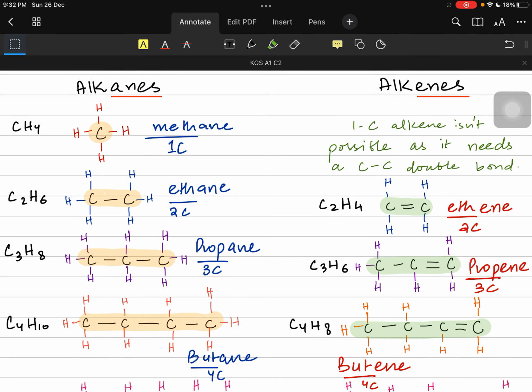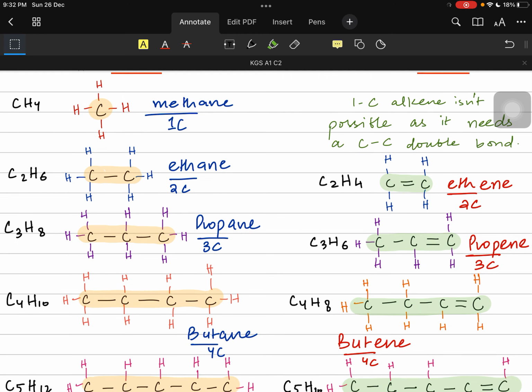Every time it's a member of the alkane series, the name ends with ane. And when we are talking about the alkene homologous series, the name keeps on ending with ene. I'm overpronouncing these because I want to make sure that when we're talking about methane, ethane, propane, we know that they belong to the alkane series, and that means they are not going to have any carbon-carbon double bond.